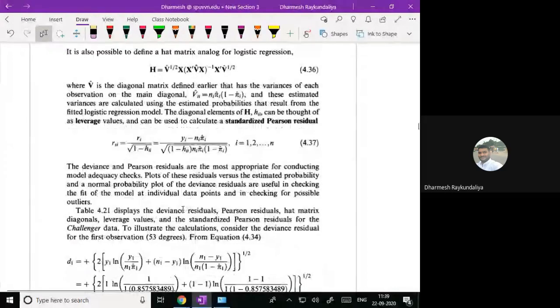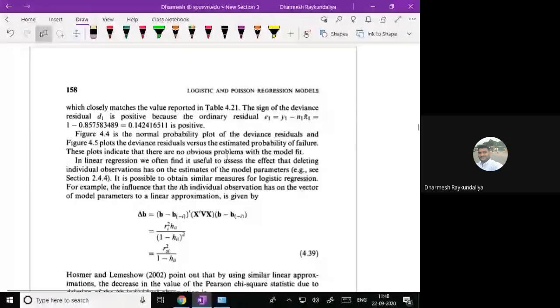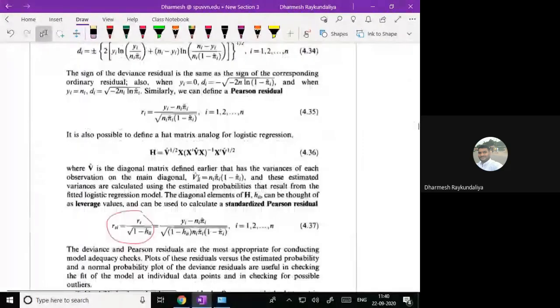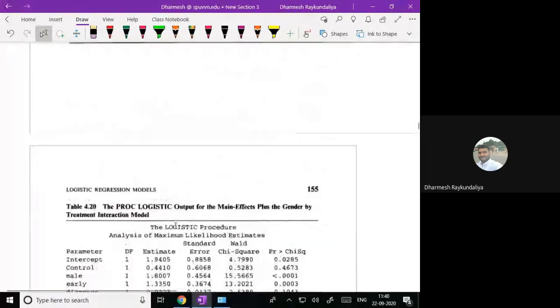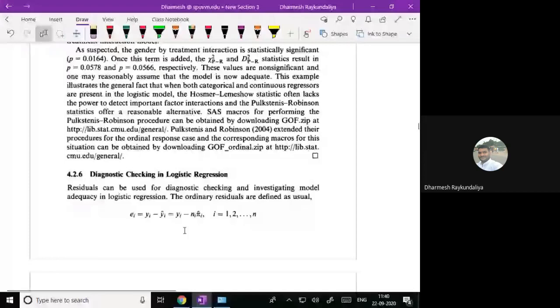RSI is nothing but the standardized Pearson residuals. Let us discuss. If I wish to, see, in any process, our first step is to understand the data.